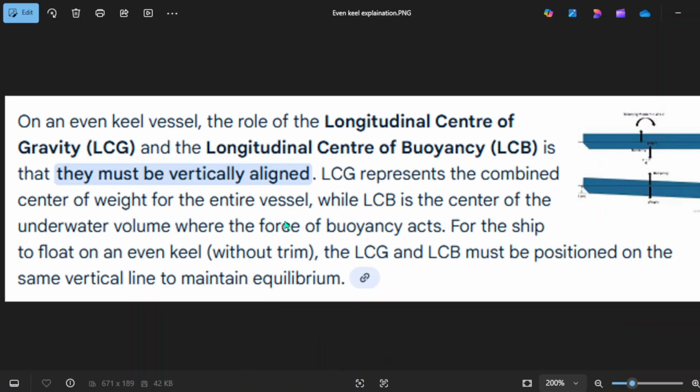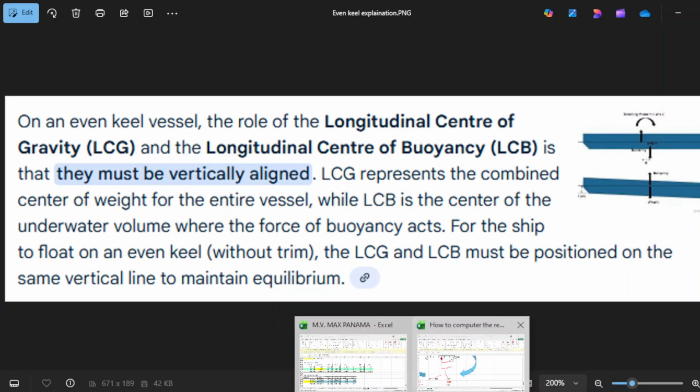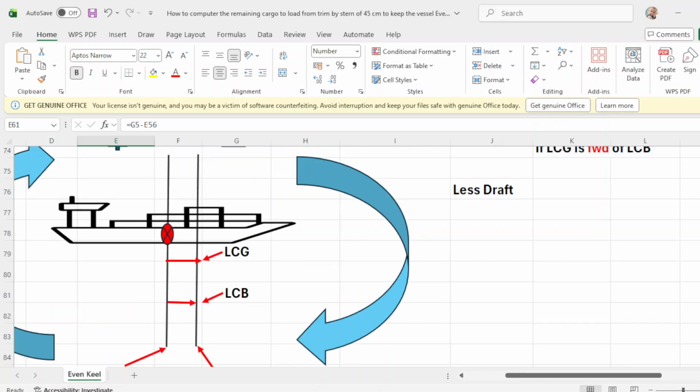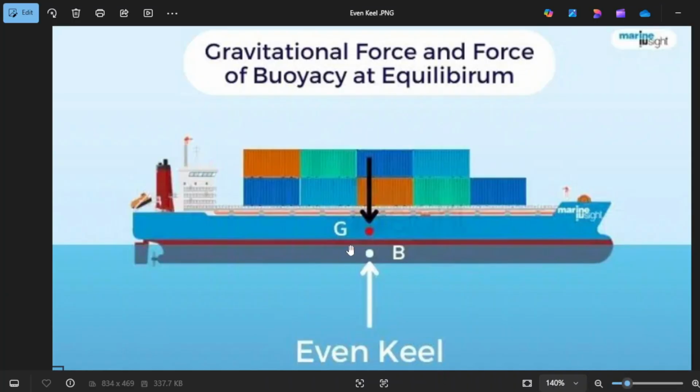Now, let's read again the explanation. While LCG and LCB, they must be vertically aligned. Meaning, what you say vertically aligned is that in an even keel situation, your LCG, this one, going down, and your LCB should be vertically aligned.